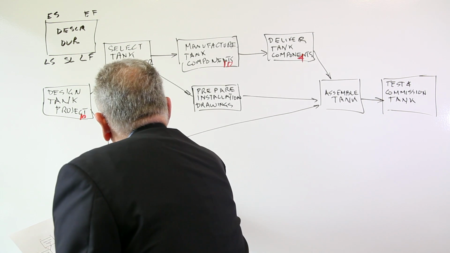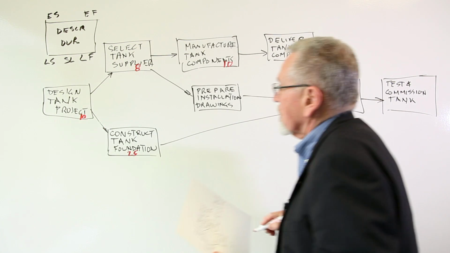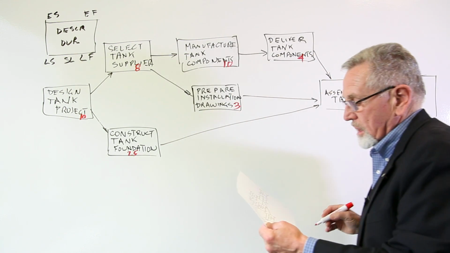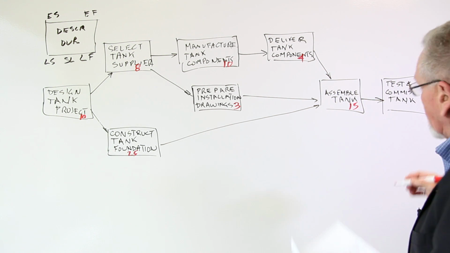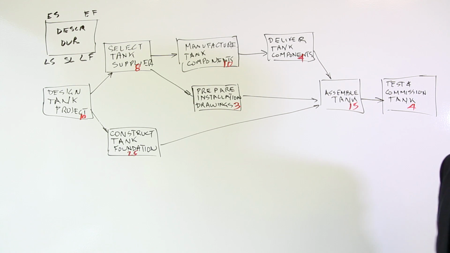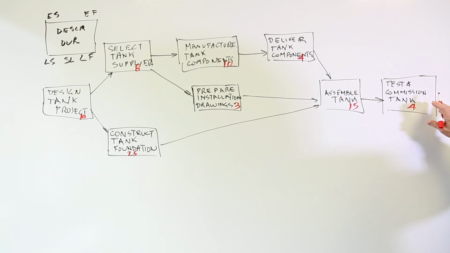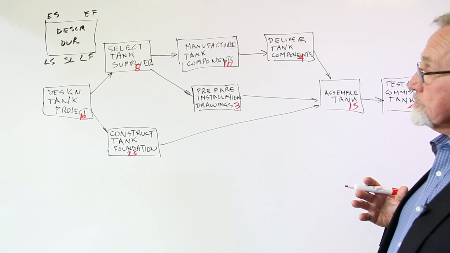Let's suppose it's going to take 25 days to construct the foundation, 3 days to prepare the installation drawings, 15 days to assemble the tank, and 4 days to do the testing, okay? So we have an initial activity, designing it, then we work all the way through to the final activity, testing and commissioning it, after which we consider the project to be complete.